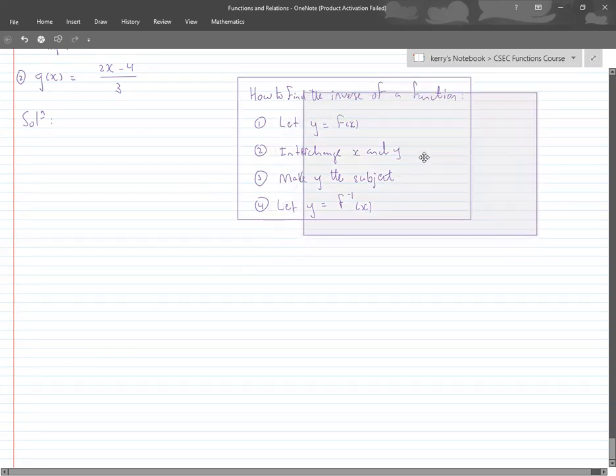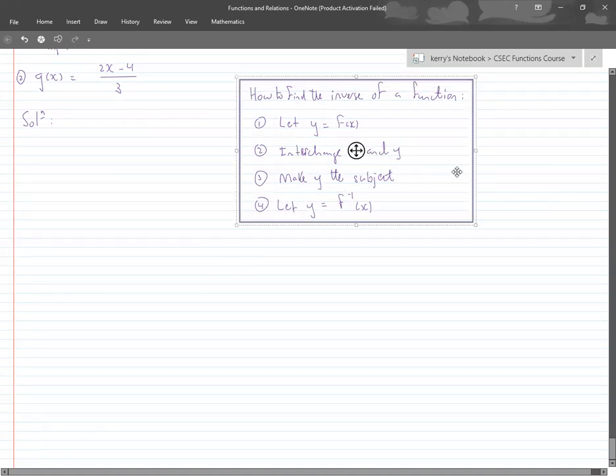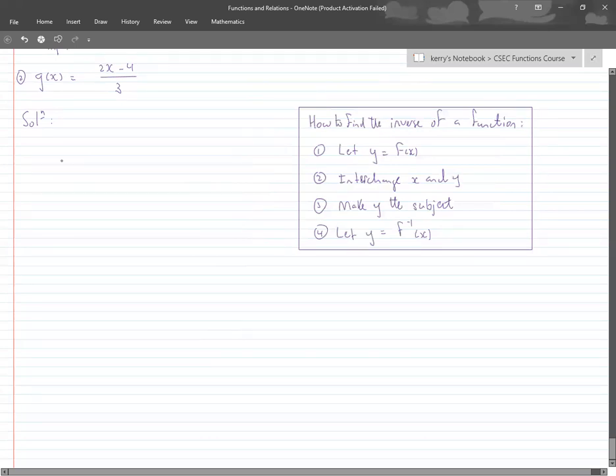All right, and now let's see how we actually use that. Let's take this here and move it a little bit. Good. So our solution. As I said, the first step is really to rewrite the equation itself. g of x is equal to 2x minus 4 all over 3.